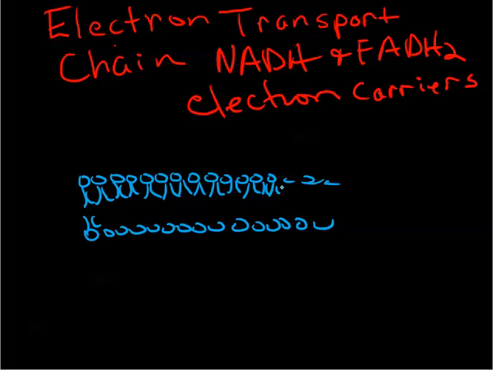And the inner membrane contains proteins that make up the electron transport chain. We don't need to know what those proteins are. Yes, they have names, but even AP biology does not need to know those.